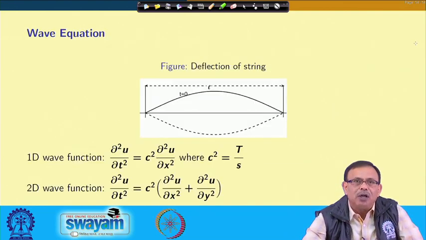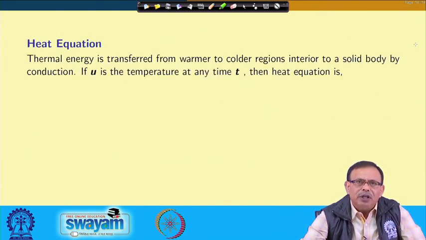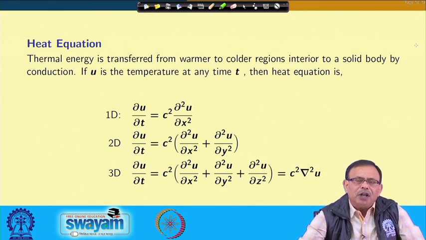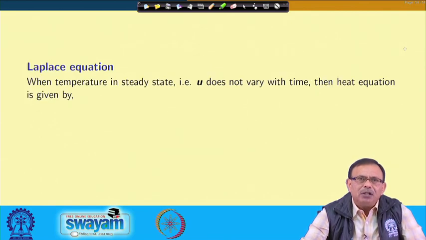The first one was wave equation, where you are measuring the deflection of a string. In heat equation, you are basically measuring the temperature, whichever energy is transferred from one region to another region. For that, you have three types of heat equation: one dimensional, two dimensional and three dimensional, and the third one is the Laplace equation.